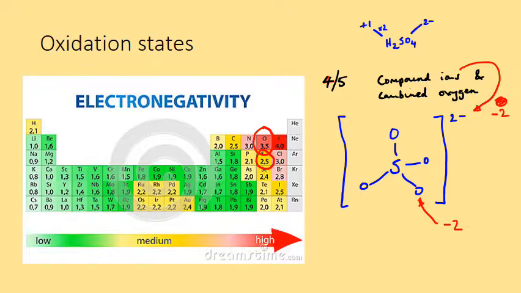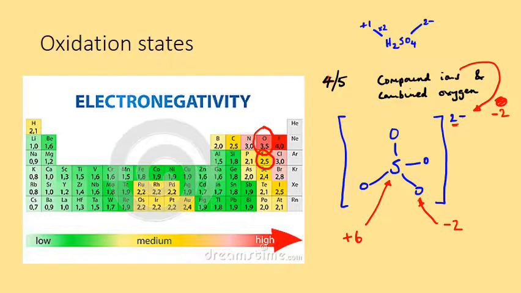And the sulfur has got to provide those electrons. So how many of the electrons has it provided? Well, it's provided 6 of those 8 negative charges, because 2 of them are still outstanding on the charge of the ion. So that leaves sulfur as +6. So I'm just going to go over that for you again.